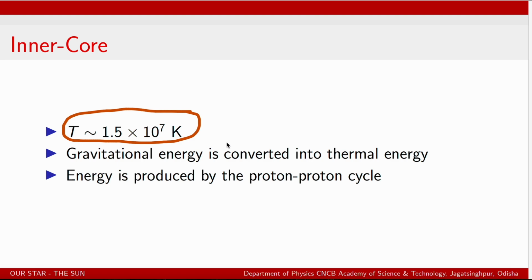We should remember the sun was born in a nebula, and as the dust in the nebula contracted under gravitational force, the gravitational energy was converted into enormous thermal energy, and that is how we get the core to be so hot.